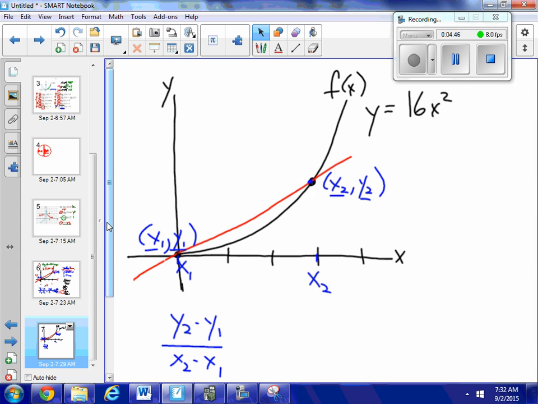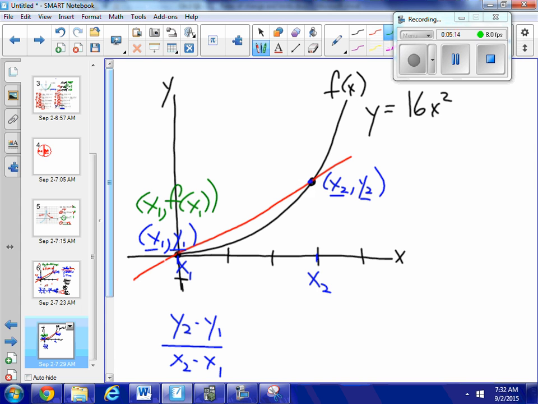So if I have this point x sub 1 right over here, I could actually call it x sub 1, comma, f of x sub 1. Y is the same thing as f of x. So the value of that point is evaluating my function at x sub 1. So my y value is f of x sub 1.